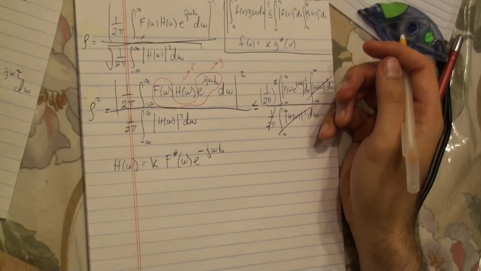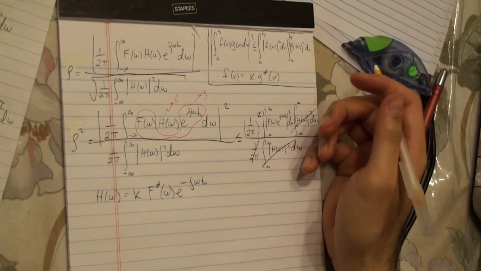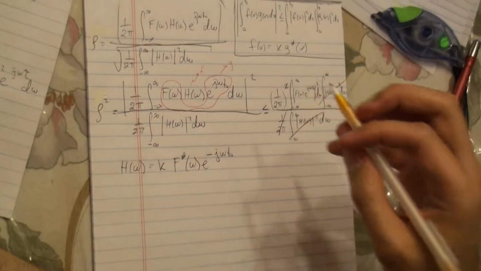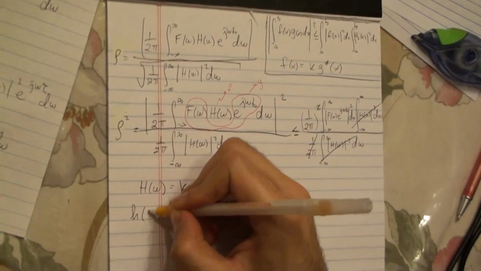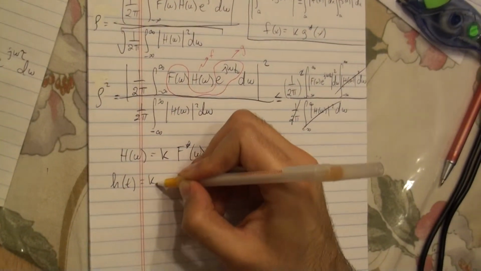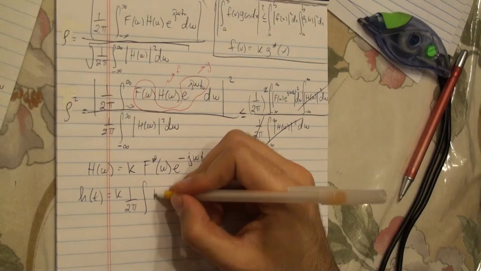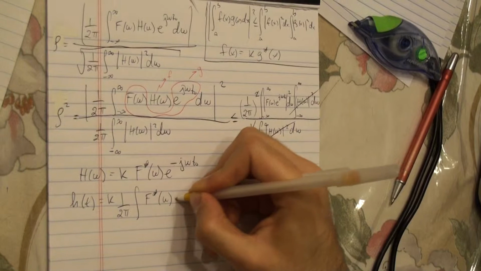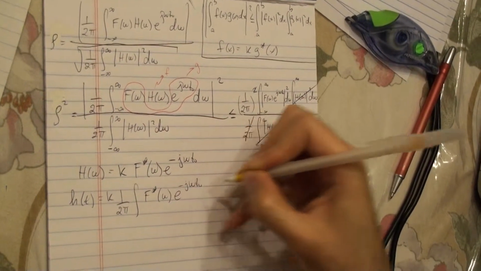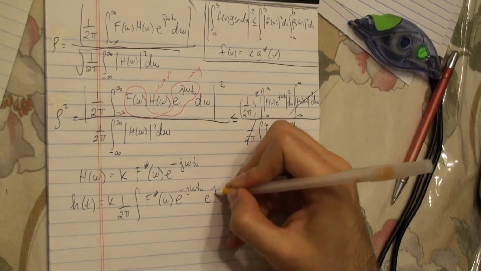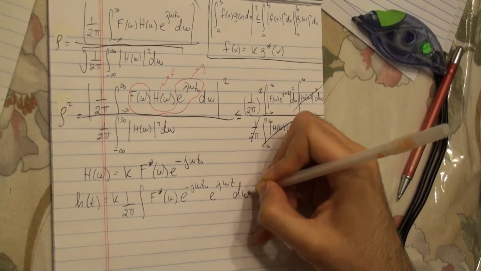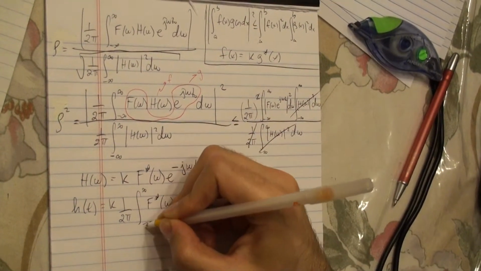So let's do the inverse Fourier transform of both sides. So we get h of t. This is a constant which comes out. We have 1 over 2 pi integral of this, e to the minus j omega t naught, e to the j omega t d omega, minus infinity to infinity.